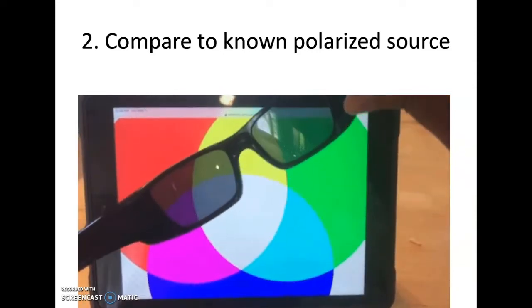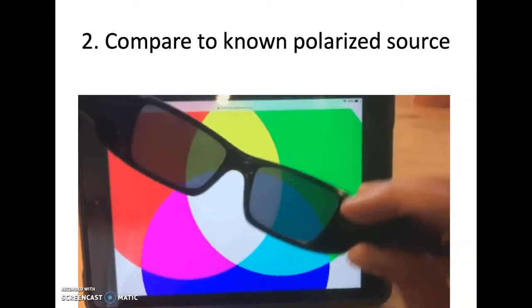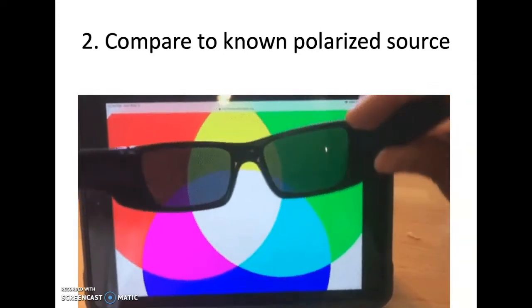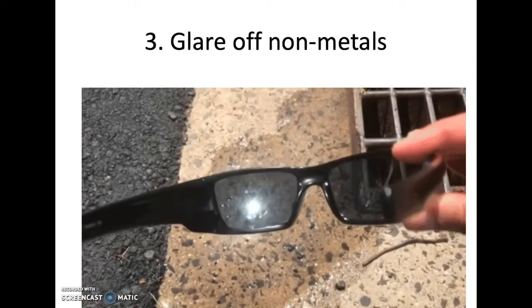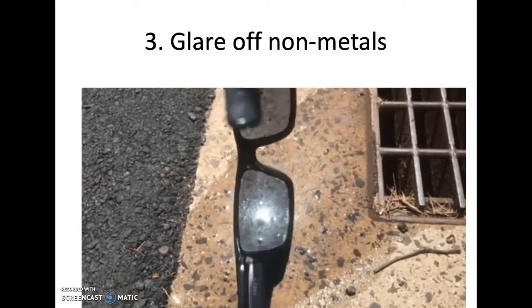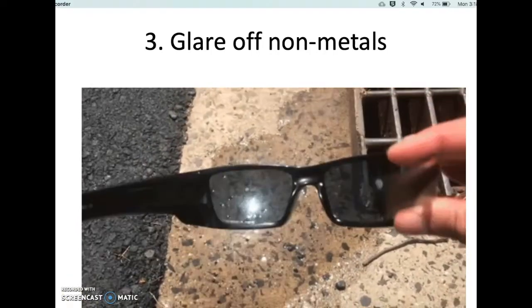But what if you don't have a screen nearby? And what if you don't have a different pair of sunglasses you already know to be polarized? The third way is pretty straightforward. So we know that the glare off non-metal objects creates polarized light.